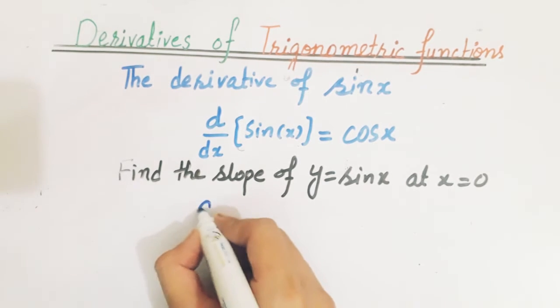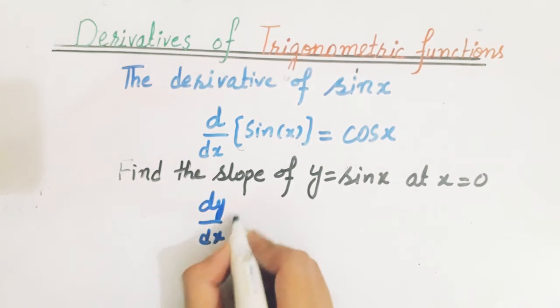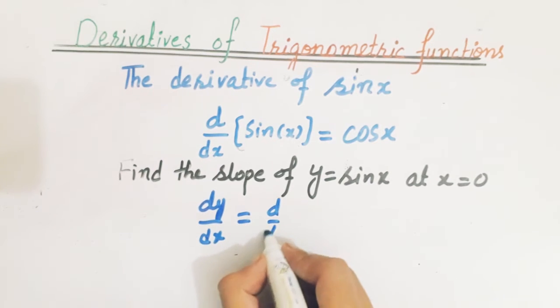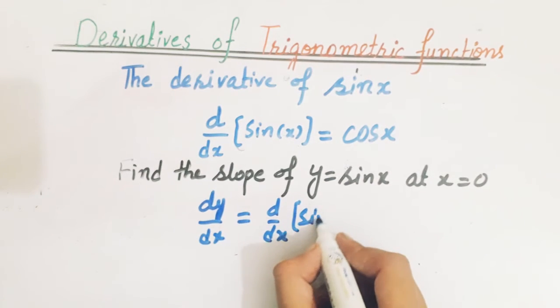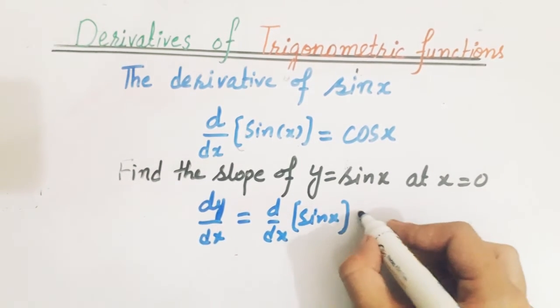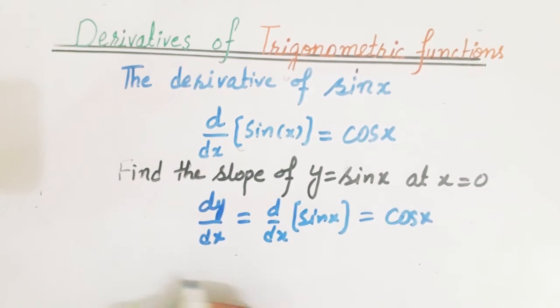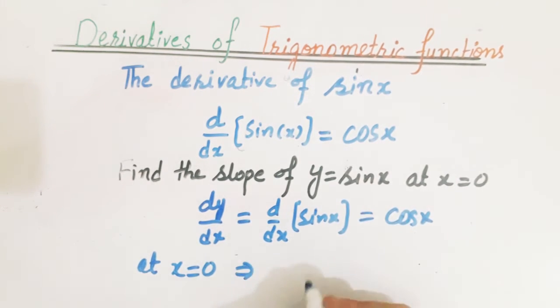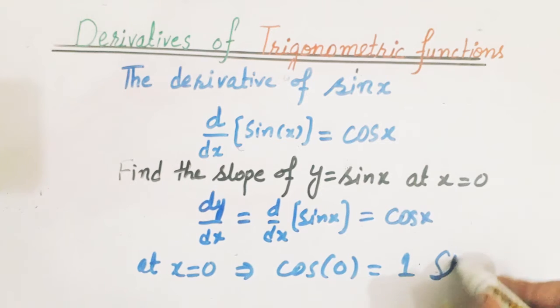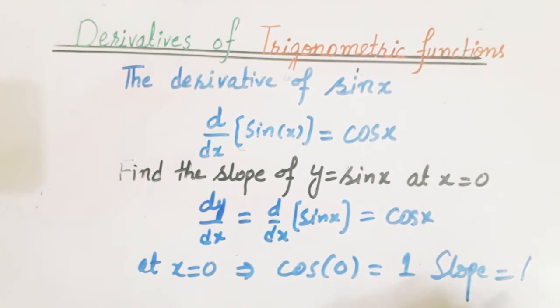So dy by dx equals d by dx of sine of x, that is equal to cos x. So at x equals 0, it means cos of 0, that we know equals 1. So the slope equals 1.